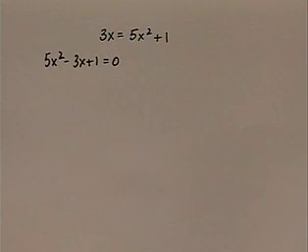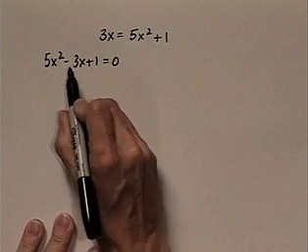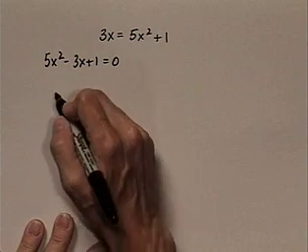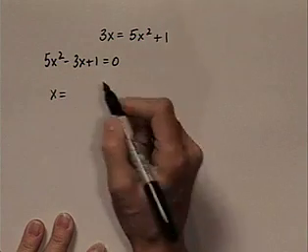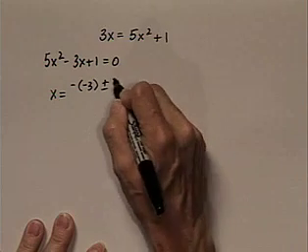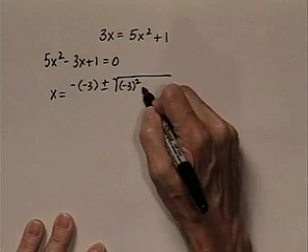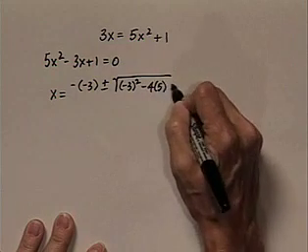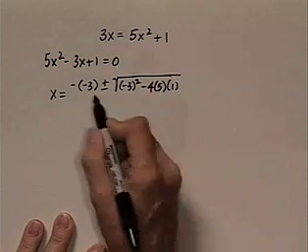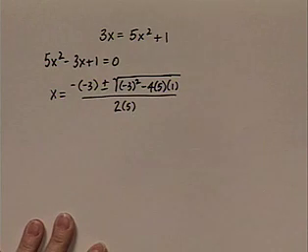And we'd like it to factor, but it's not going to. So we're going to go immediately to the quadratic formula. A is 5, B is negative 3, C is 1. So we'll write x is negative negative 3 plus or minus the square root of negative 3 squared minus 4 times 5 times 1, divided by 2 times 5.